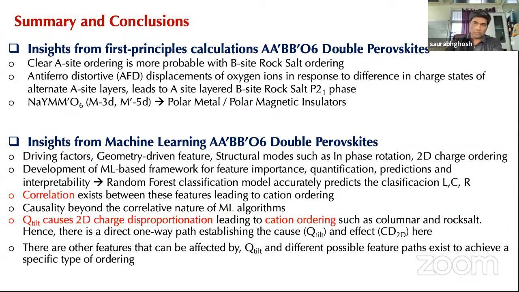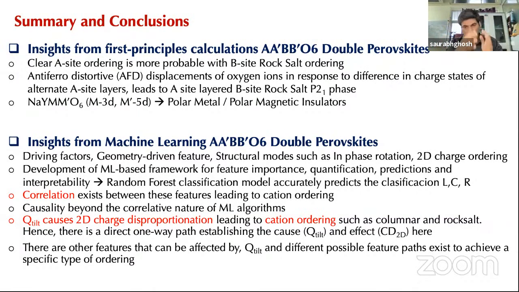But we go beyond the conventional first principle calculations. We collaborated and performed machine learning calculations, in which we made a very large compositional space and large feature space, including different kinds of information like coordination, lattice parameter, bond angle, tilt angle, and all the other structural modes.